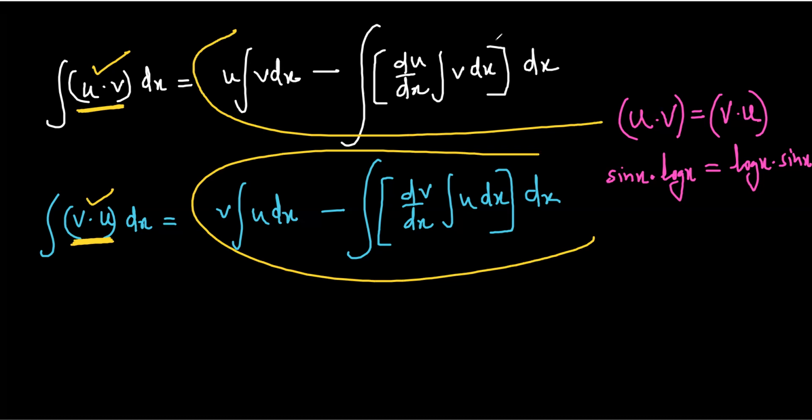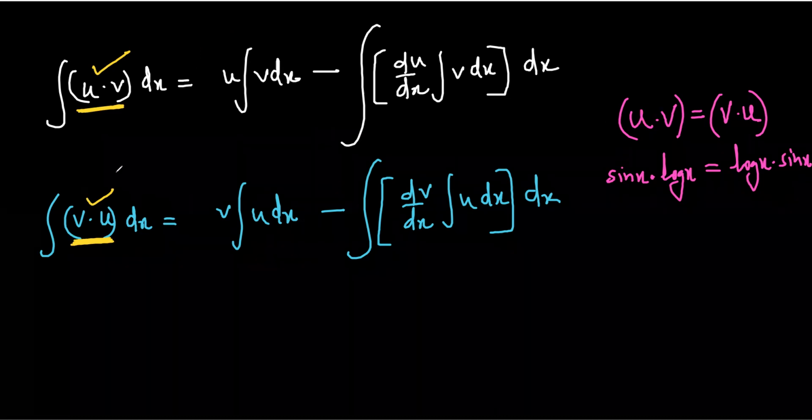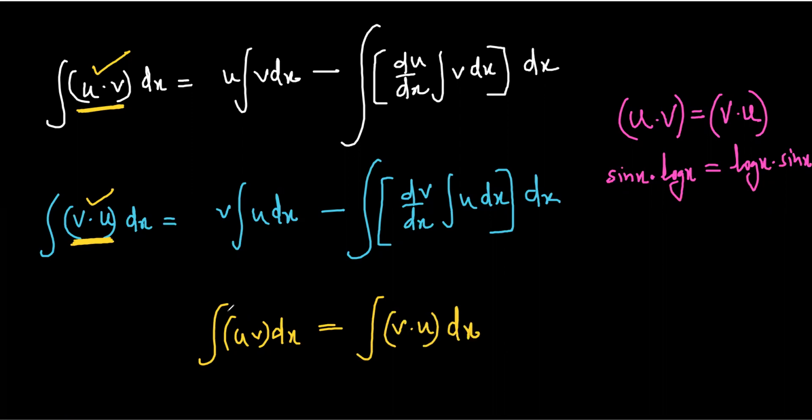See, the reason is, it is found that integral uv dx and vu dx, you can integrate the way you want, because integral uv dx is the same as integral v into u dx. So you can integrate either of them, whichever you want.